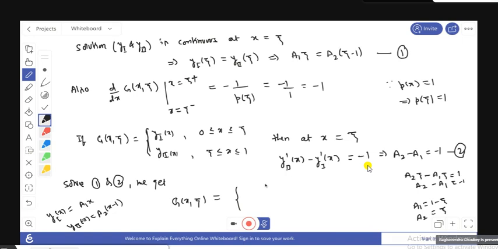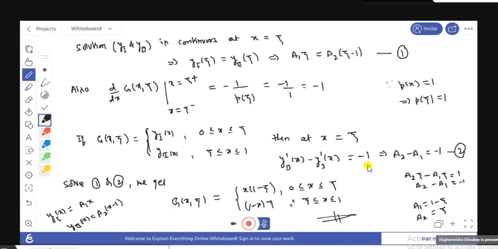So the Green's function is a solution of this: a1 x means x (1 minus xi), and a2 is (1 minus x) into xi. So this is the solution when x lies in this interval. So this is your Green's function, and you can easily find the solution from it.